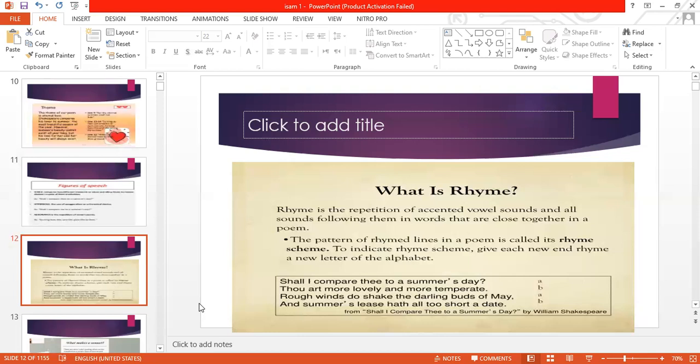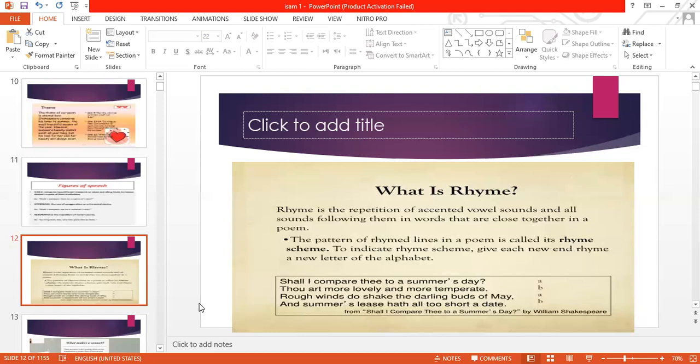And summer's lease has all too short a date. إذا السطر الأول شفت الرايم بتاعه A B، الثاني والثالث هيكون تكرار A B. شوف نهاية الكلمات day و May، temperate و date. إذا نسق A B.